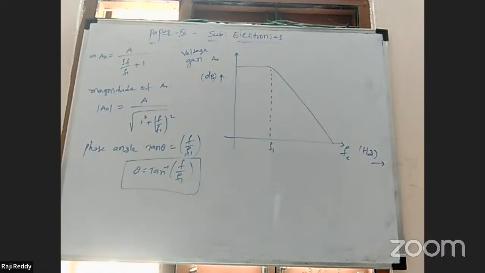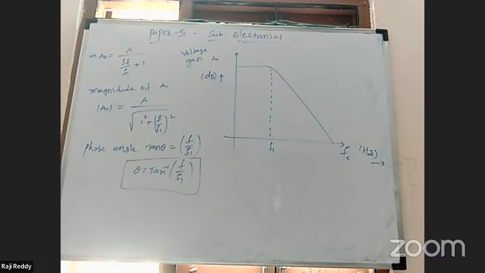Next one, you can do that yourself. Out of these two, open loop and closed loop, 99% you can expect any one surely. See page number 154, there is the closed loop frequency response.